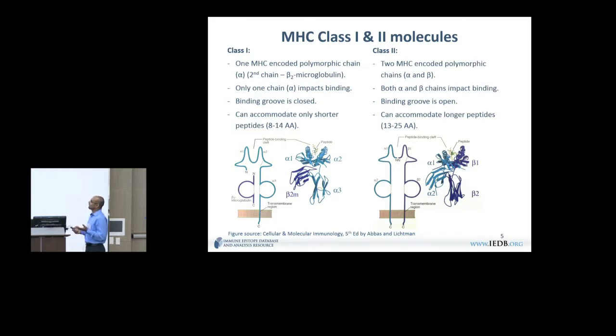In class 1, only the alpha chain impacts binding. Also in class 1, the binding groove is closed, whereas in class 2 the binding groove is open. What difference that makes is that class 1 molecules can bind comparatively smaller peptides, whereas class 2 molecules can bind longer peptides since the groove is open.